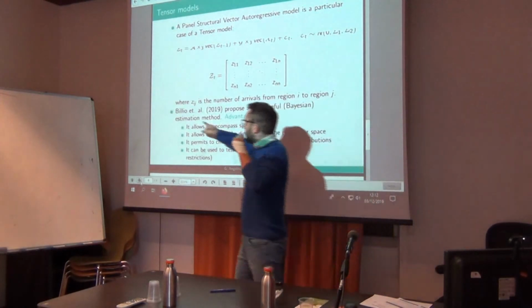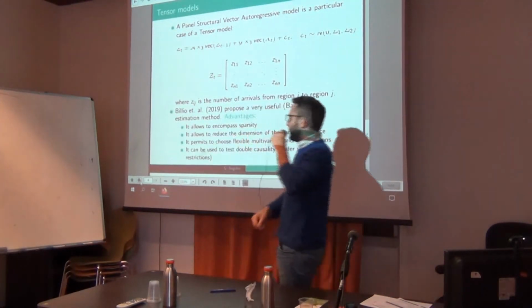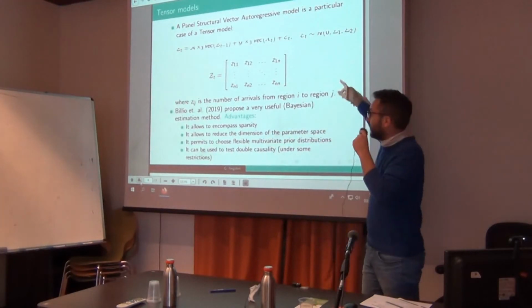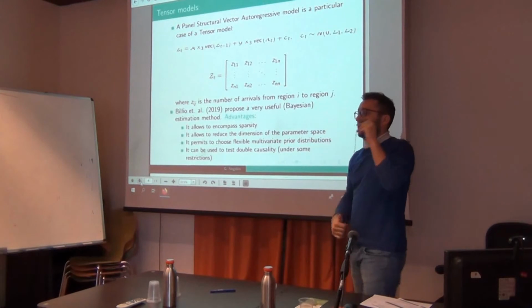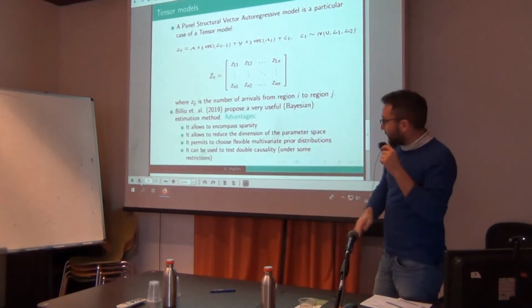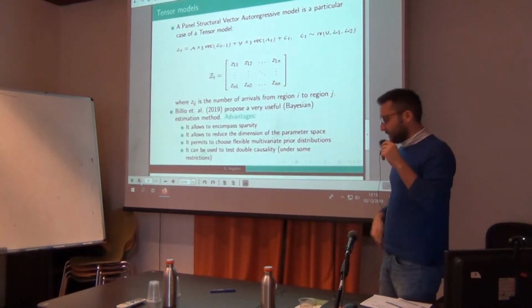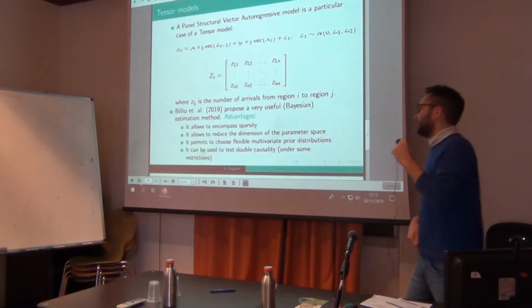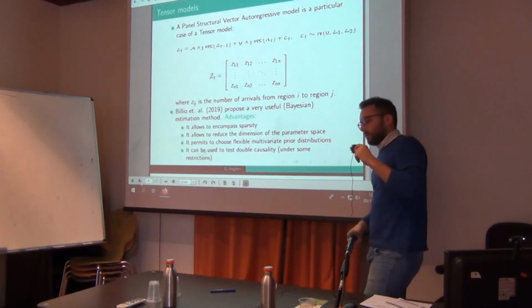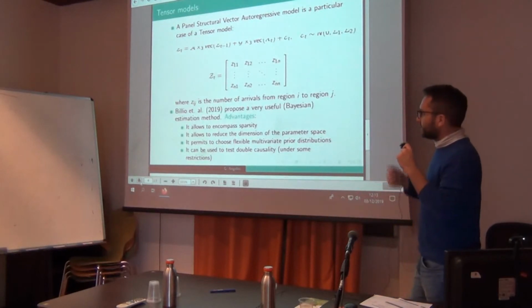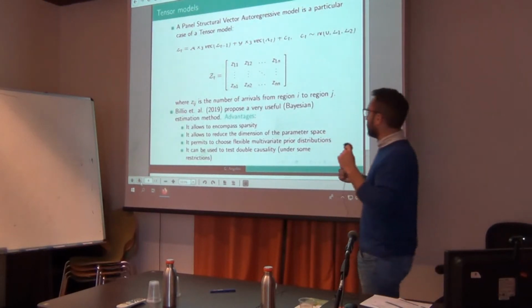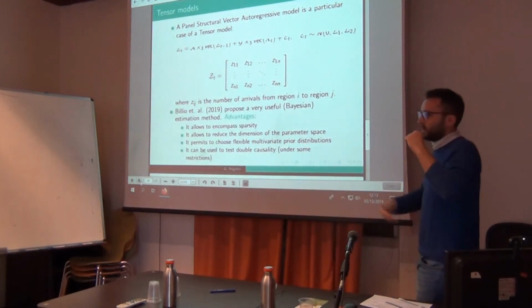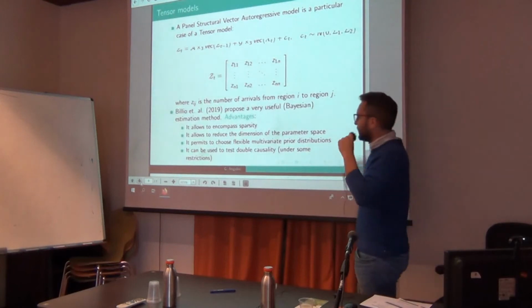In this paper, written by Monica and a couple of co-authors, they propose a very useful Bayesian estimation for this kind of model. This estimation method is useful in your setup because it allows you to take into account sparsity and to reduce the dimension of the parameter space, because of course you have a lot of parameters in a model like that.